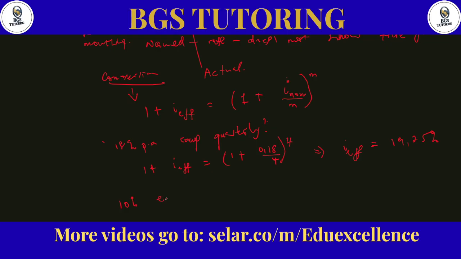You can just perform the reverse calculations, and 1 plus 0.10 is equal to 1 plus I nominal over 12 if we're talking about the monthly, and raise it to the power of 12. So if you perform your calculations, this is the conversion part.